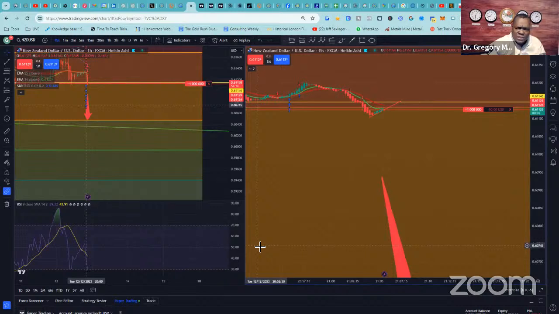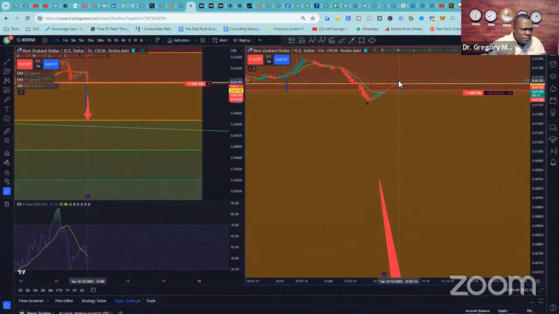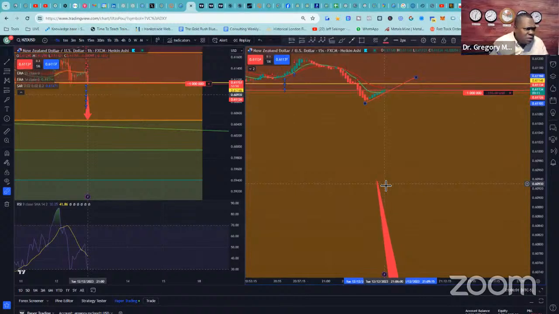Might see a little RTTSC, return to the scene of the crime. And if we do, that might set up for a deeper plunge.